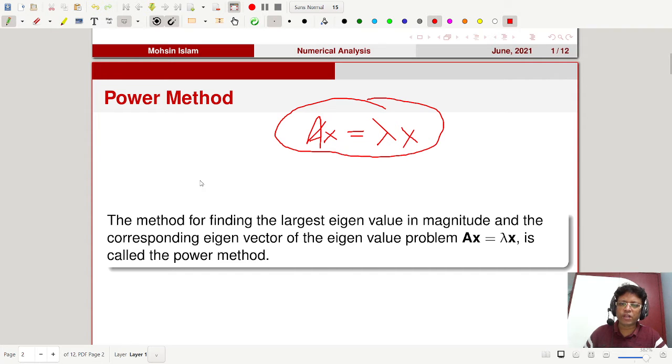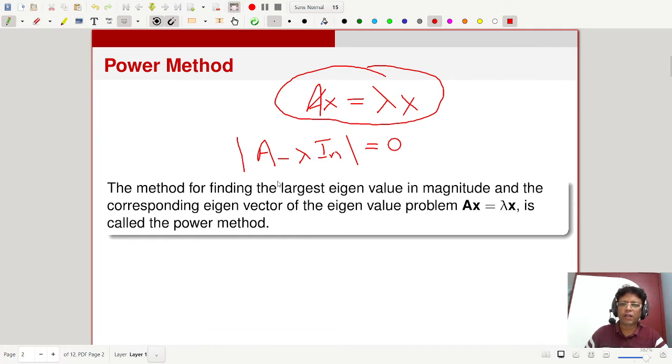If A is a matrix, then the determinant of A minus lambda I_n, where I_n is the nth order identity matrix, equal to 0 is the characteristic equation corresponding to the matrix A. The roots of this characteristic polynomial are called the eigenvalues. The power method is the method for finding the largest eigenvalue in magnitude and the corresponding eigenvector of the eigenvalue problem Ax equal to lambda x.